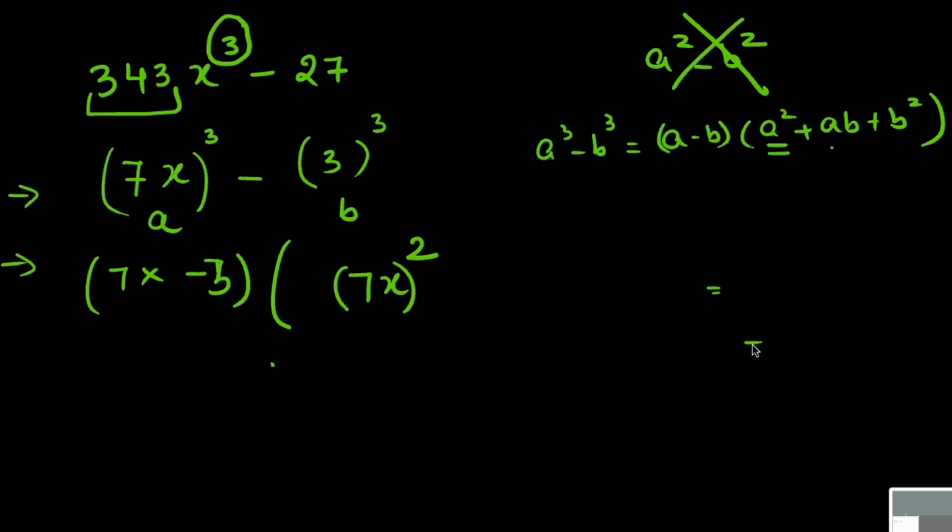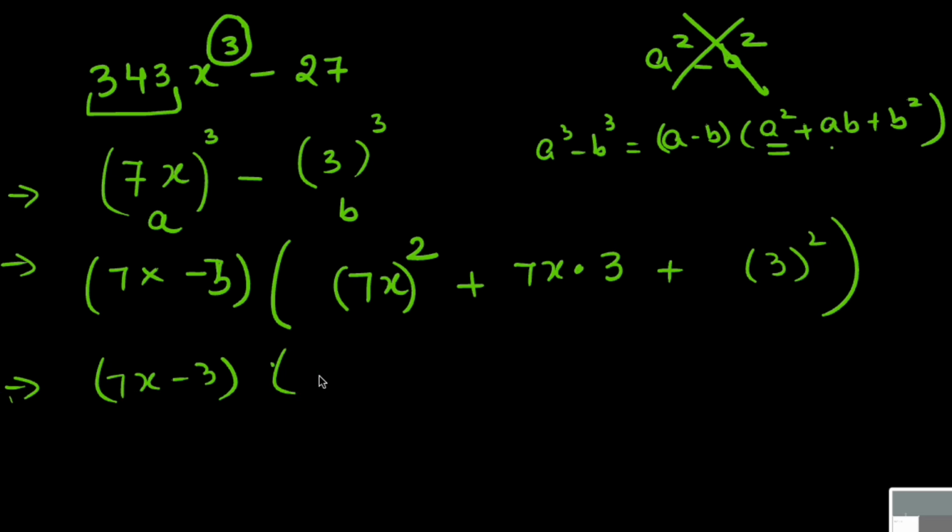So once I put the parentheses around it, my next term is minus AB plus B squared. So I'll go ahead and multiply my A and B. A times B plus B squared. So you'll get 7x minus 3, 49x squared plus 21x plus 9.